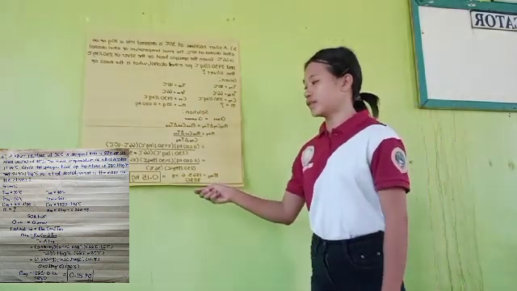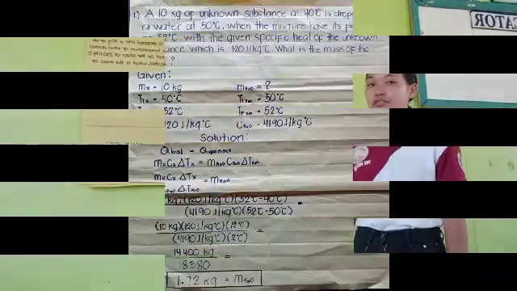So 0.15 kilograms is the mass of the silver.